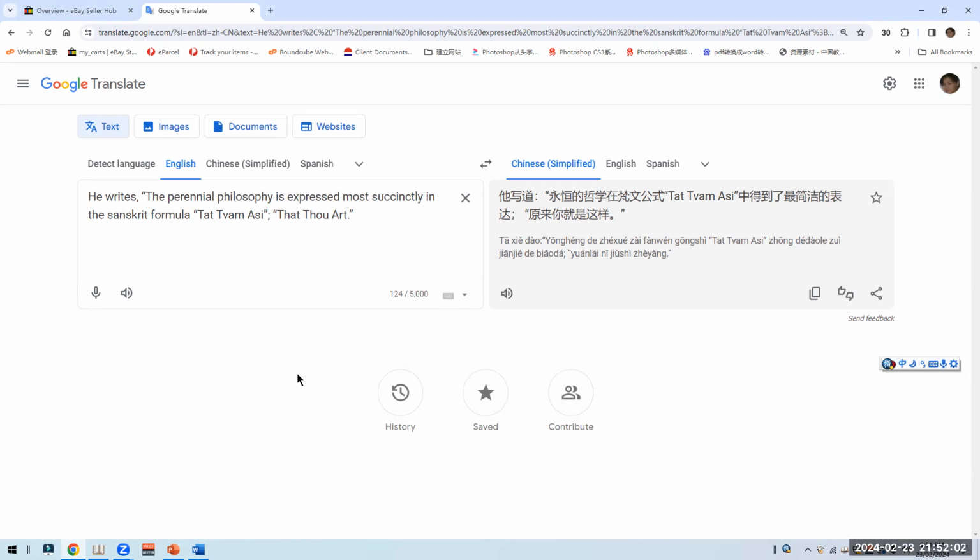Okay, I will recite it. He writes the perennial philosophy is expressed most succinctly in the Sanskrit formula tat tvam asi, that thou art.